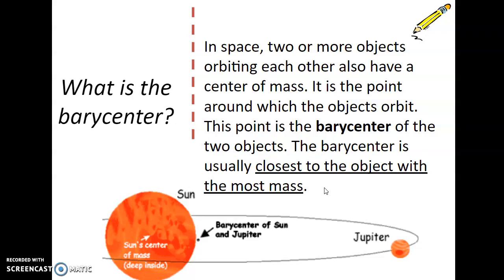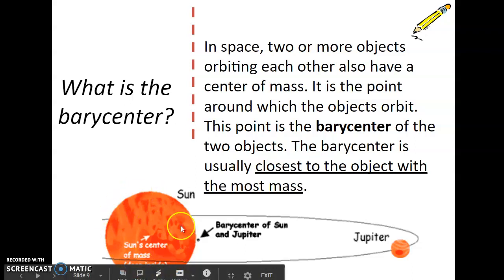So let's see, what is the barycenter? What a weird word, right? So in space, two or more objects orbiting each other also have a center of mass. So we just went over that. It is the point around which the objects orbit. So this point is the barycenter of the two objects. The barycenter is usually closest to the object with the most mass. So in this case, these are our two binary bodies.